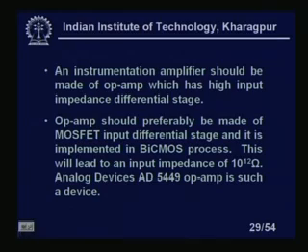This type of amplifier will give you the proper impedance to measure the pH voltage. This will lead to an input impedance of 10 to the power 12 ohm, which is almost 1000 gigaohm. Now, the Analog Devices AD5449 op amp is such a device which can be safely utilized for measurements of pH value.